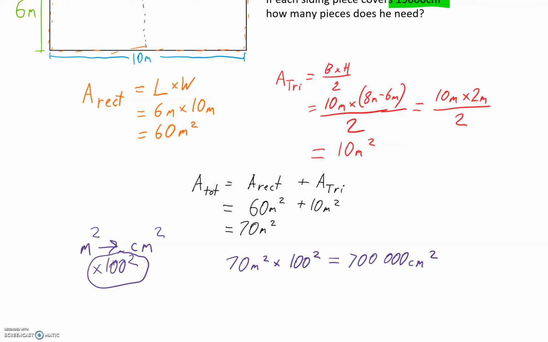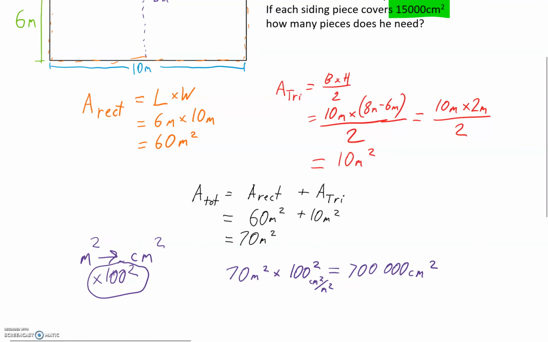That tells us we've converted, centimeters squared per meters squared. Now we just have to figure out the number of pieces by dividing by the area each piece covers.